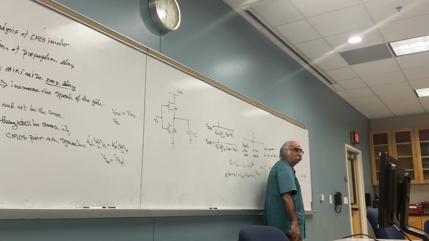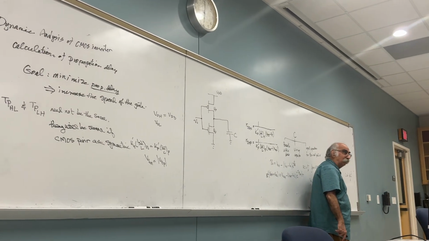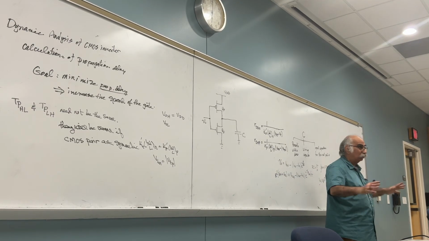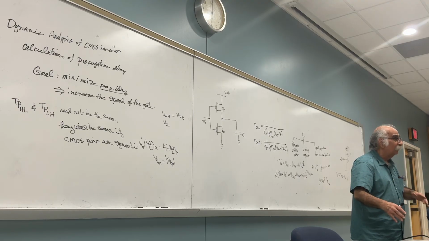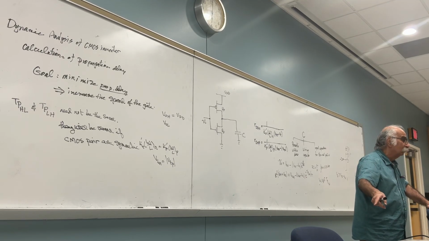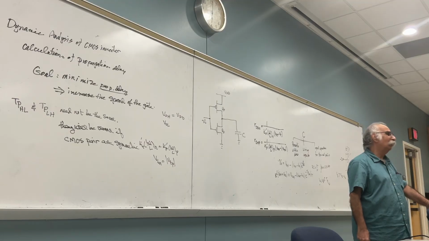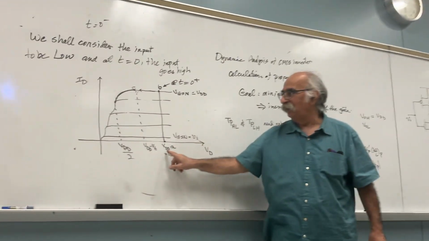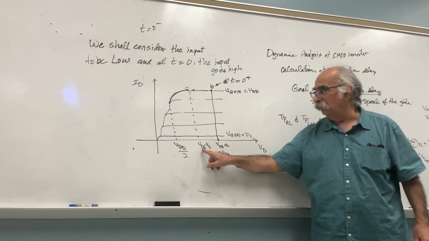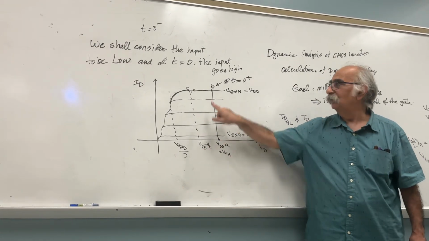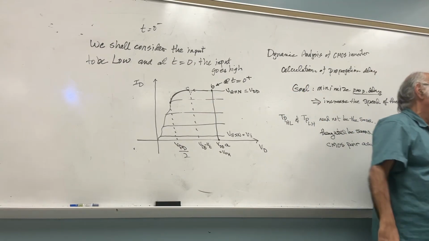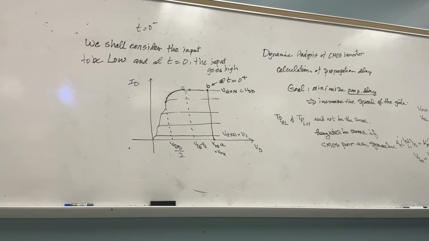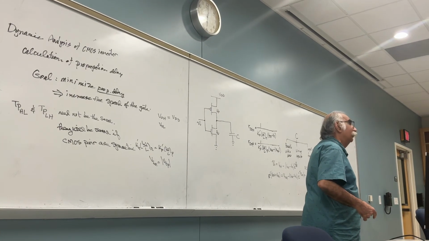When VD is greater than VDD minus VT. That will cause the channel to be pinched off, and the transistor to operate in saturation mode. So from VDD to VDD minus VT, during that time we are in saturation, because the drain voltage is greater than VDD minus VT.